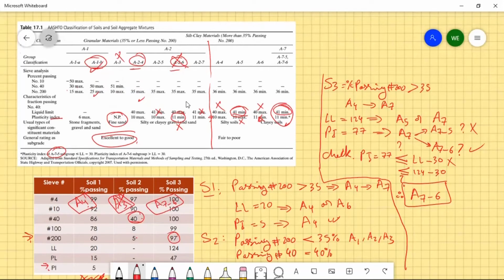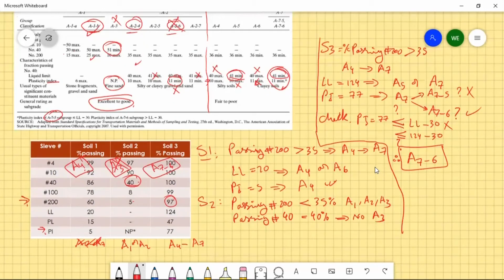So it's not A3, because for A3 there is a minimum of 51. Now we have eliminated this, and we have either A1 or A2.